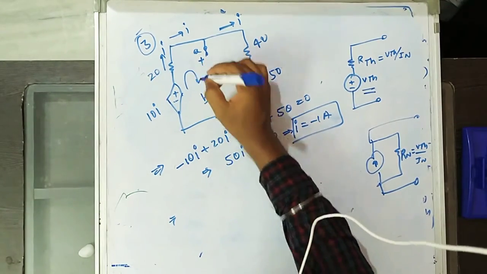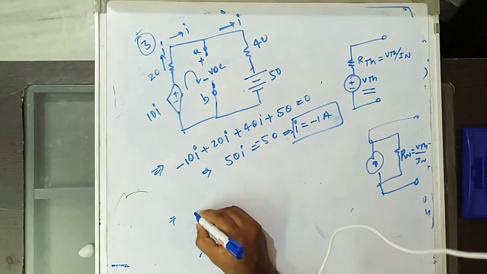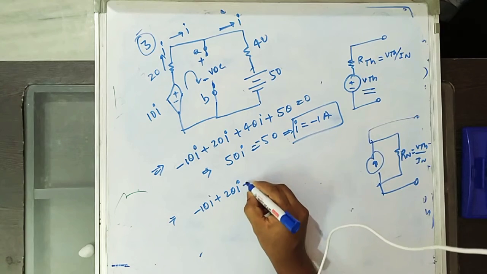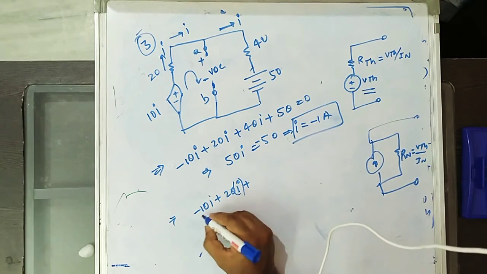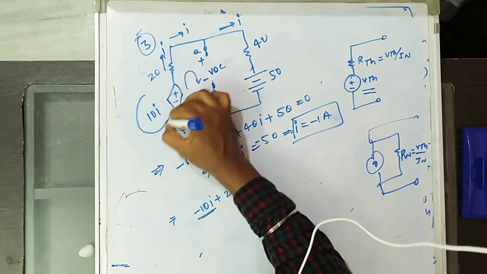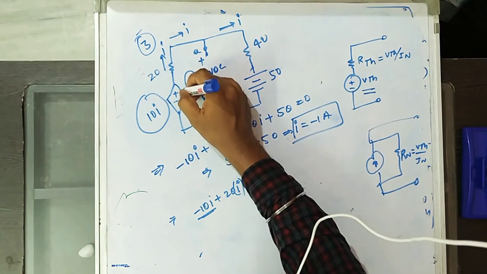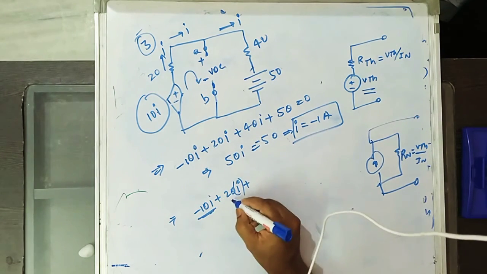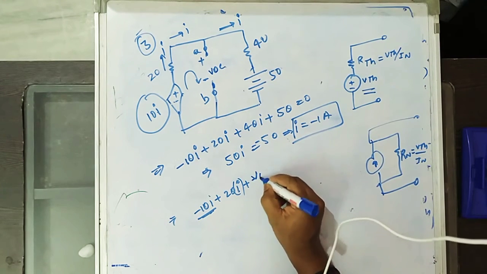From this loop you get minus 10I, the current dependent voltage source value, plus 20I plus VOC equal to 0.